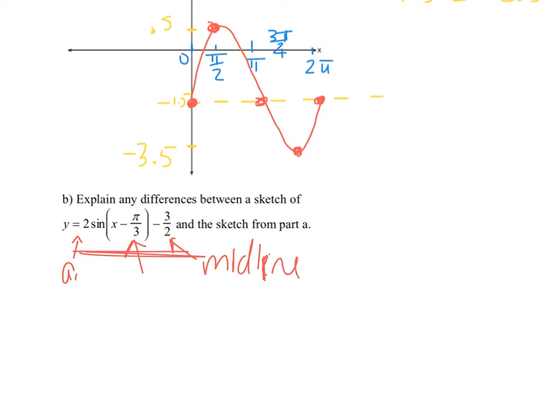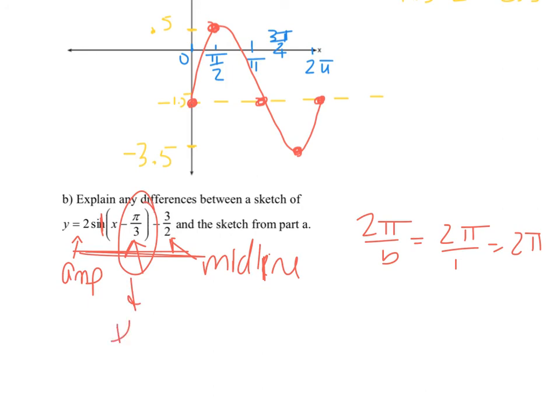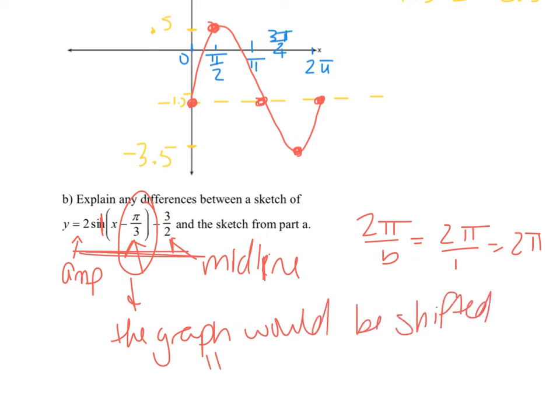This is your amplitude, which we do have an amplitude of 2, and we do have a midline. The value is 1 for the b, so 2 pi over b is still 2 pi over 1, which is 2 pi, so that's the same. But this is different, and what's different is that the graph would be shifted pi over 3 to the right.